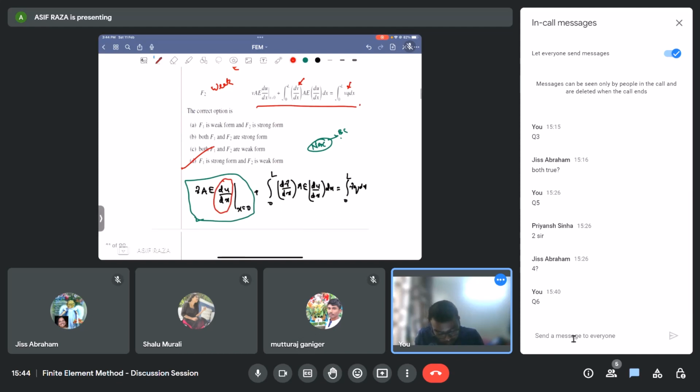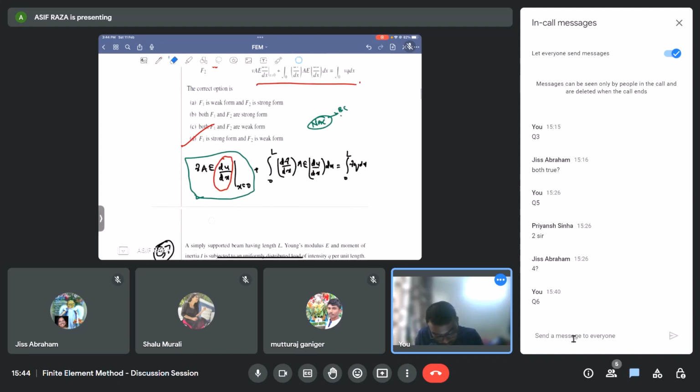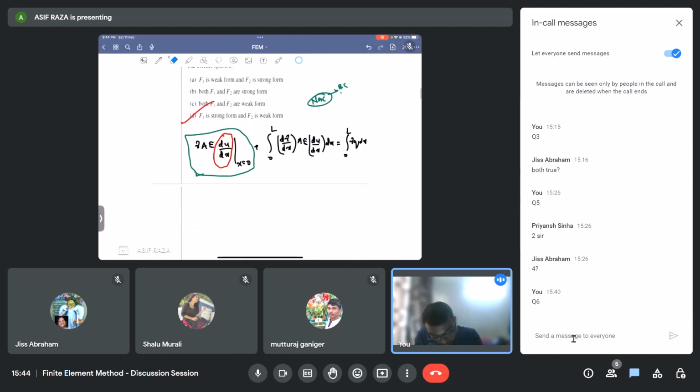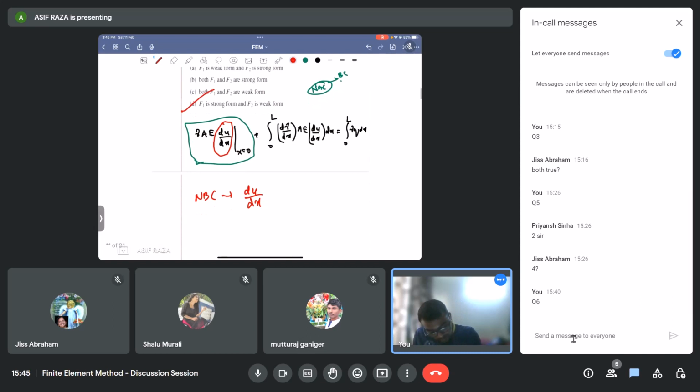So here my Neumann boundary condition involving derivatives would be du by dx, and essential boundary conditions would be in terms of my weight function in the boundary condition, and this is the essential boundary condition.